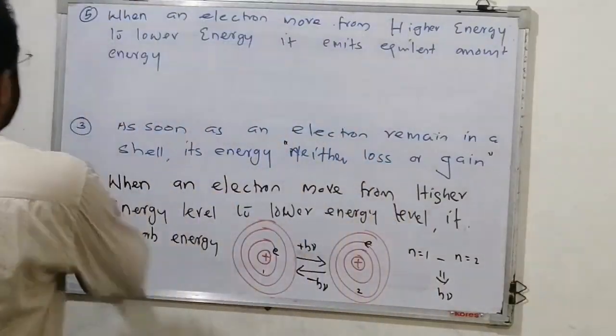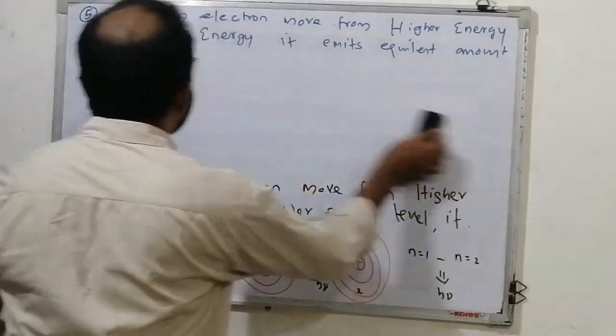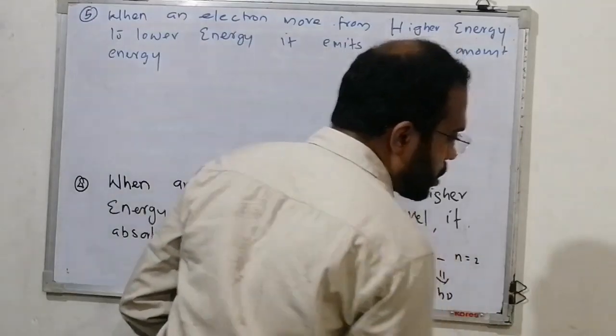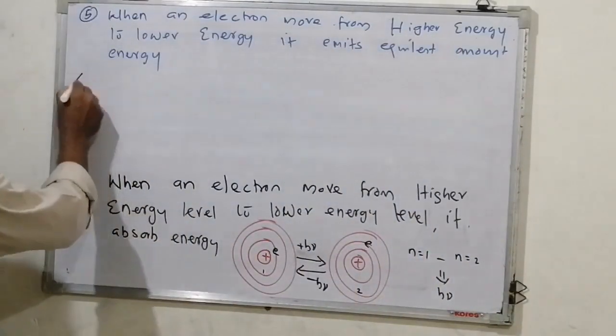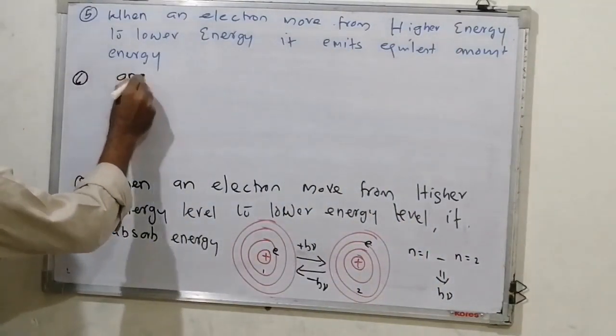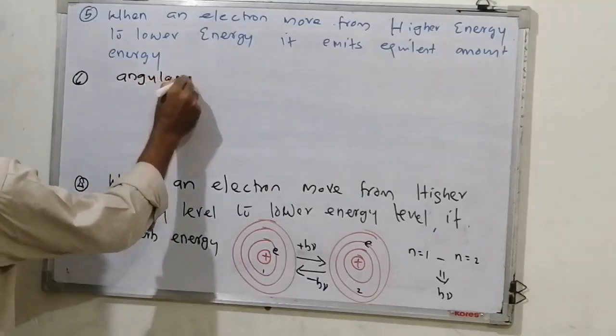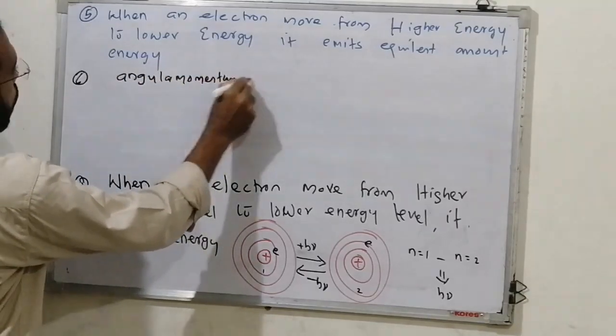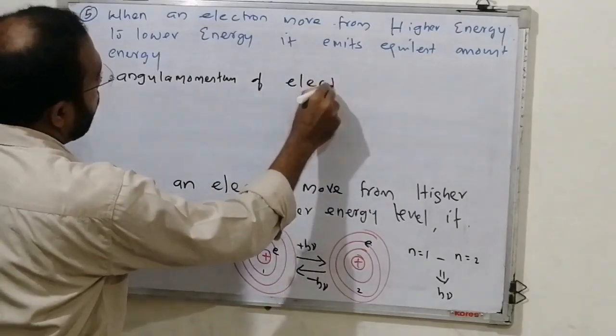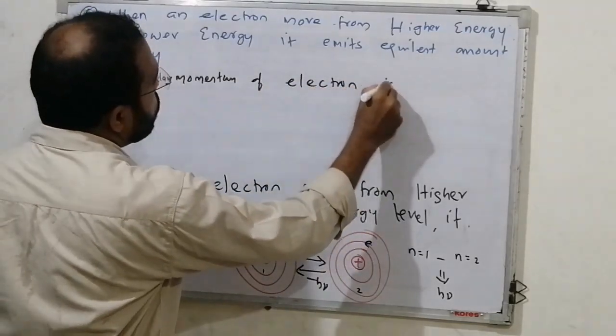Now, not only is the energy quantized, the sixth postulate is that the angular momentum of the electron is quantized.